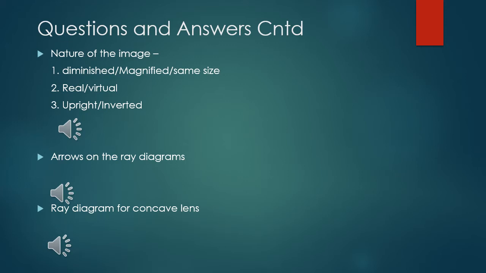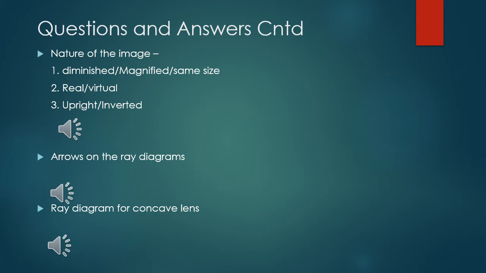You can either get it upside down, in that case you call it inverted, or you can get it along the same orientation, in that case you call it upright. So these are the 3 sections in the case of nature of the image: diminished, magnified or same size; real or virtual; upright or inverted.